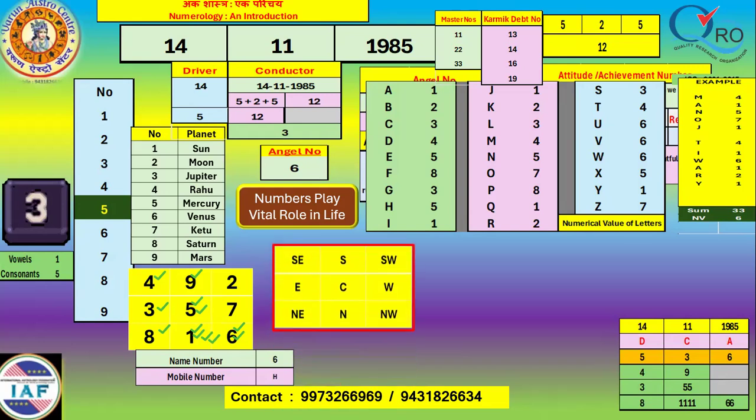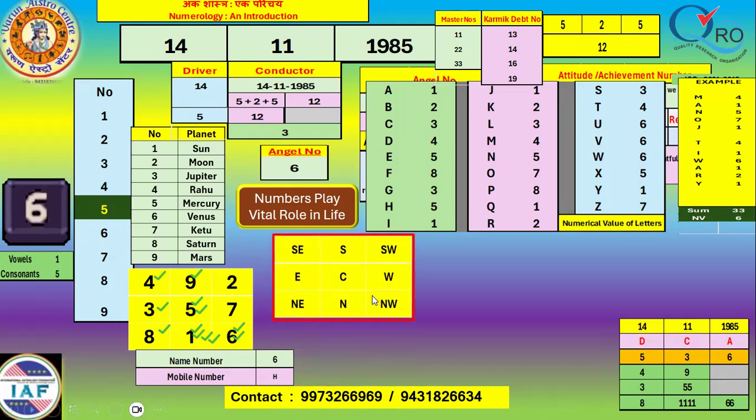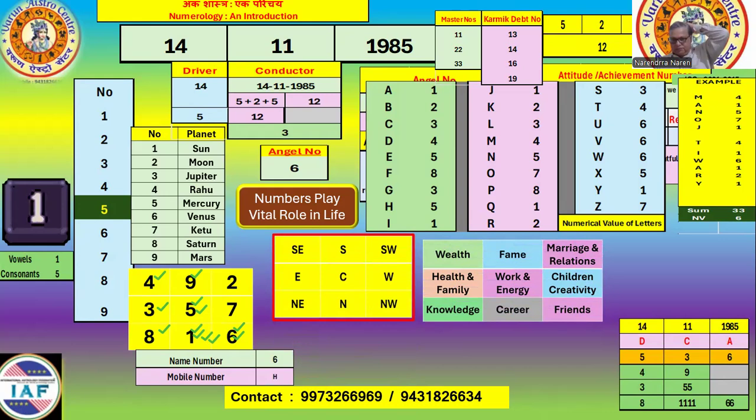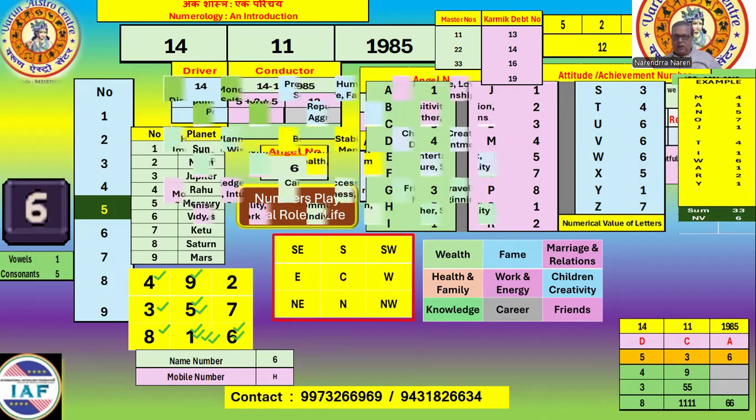What are the impacts of 2 and 7? The southwest corner and west corner may have some vastu defects. The impact of these is on marriage, relationships, children, and creativity. The native may face problems in relationships.